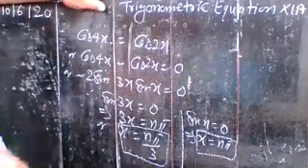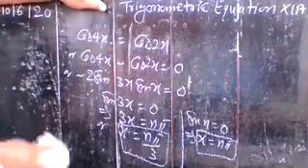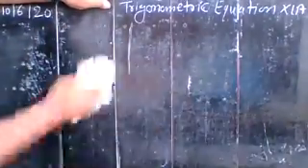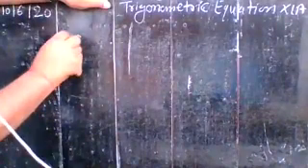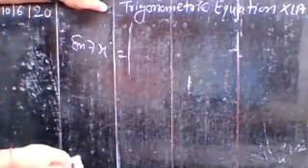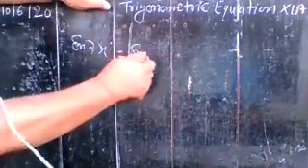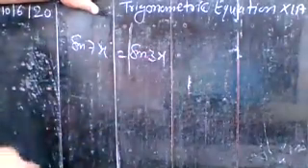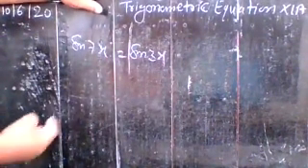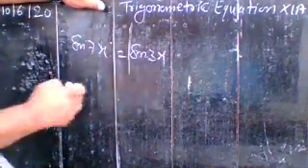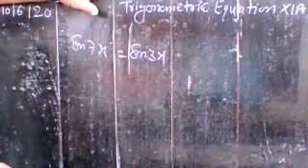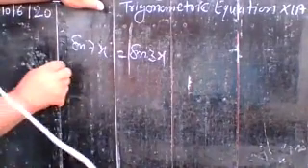In the same way, you can solve this question. Second one, sin 7x is equal to sin 3x. Again, here you transfer this sin 3x to the left side and apply the formula for sin x minus sin y, and finally you will have your answer.